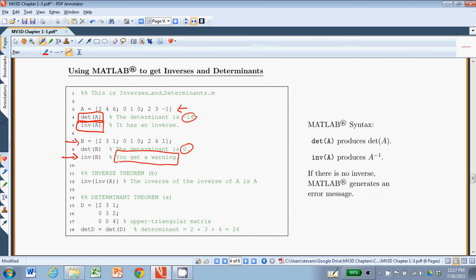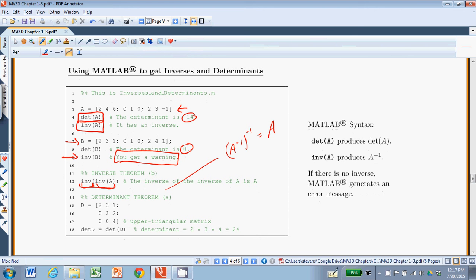One of the exercises has you demonstrate all of the inverse theorems, but this is just one example. That's the theorem that the inverse of A inverse is just A. So all you do is take the inverse of A, and it should return A.